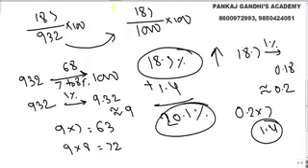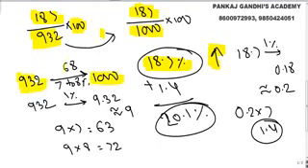Approximation, these are new concepts, so they may take time for you to understand. 187 upon 932 into 100. We make the denominator a round figure, 1000. We get the answer. We have increased the denominator and solved, so the answer should be increased. But by how much? Denominator from 932 we have made 1000. We have increased by 68.